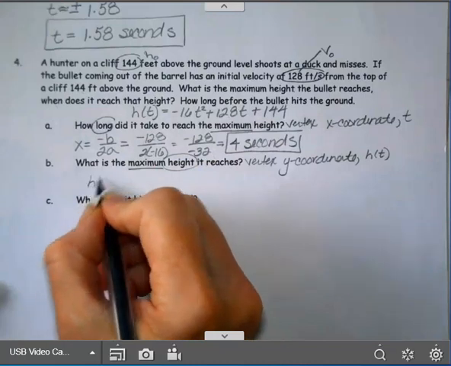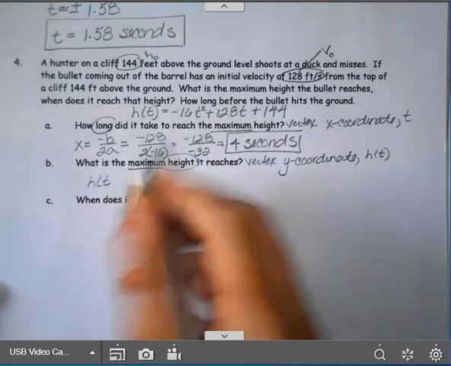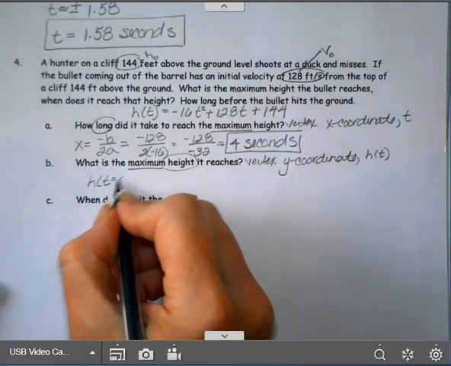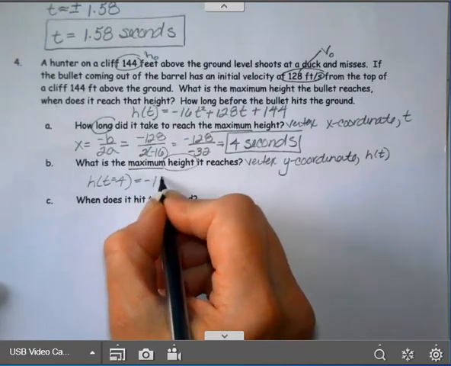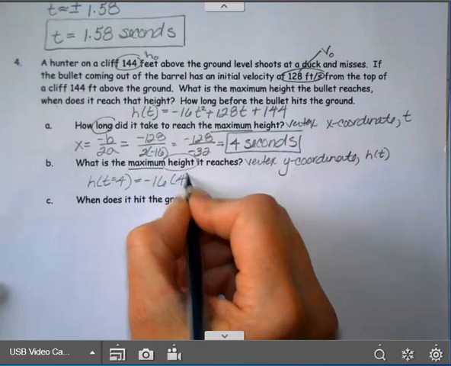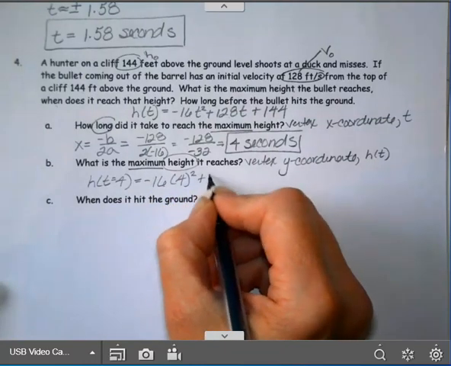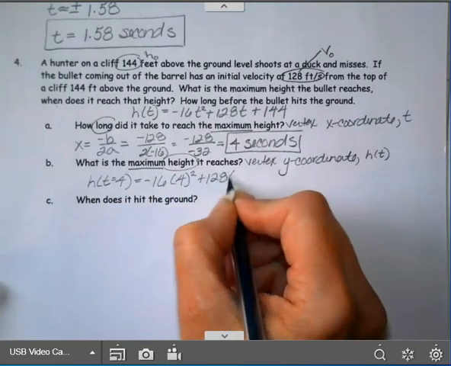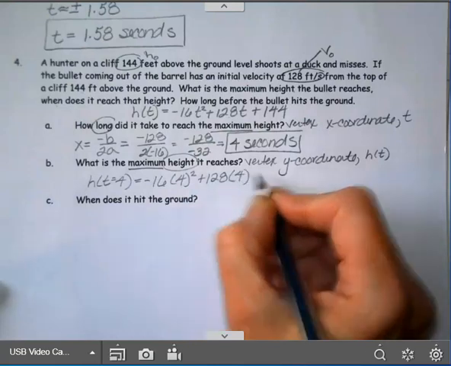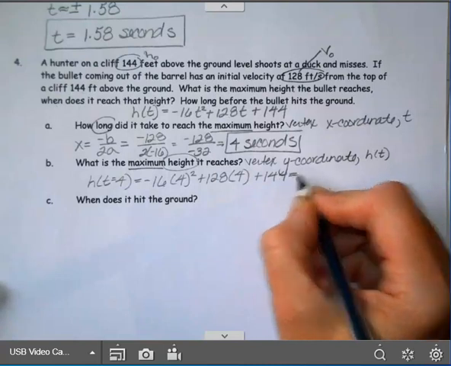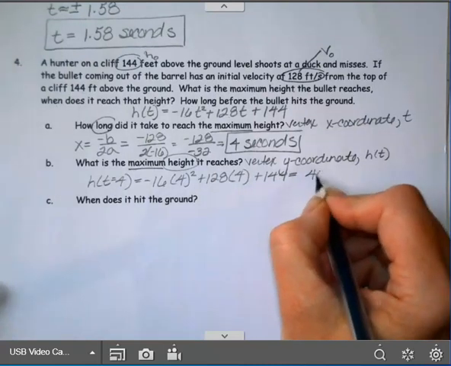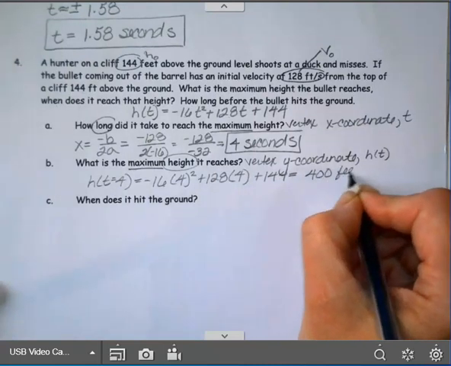So h of t, and this is t equals 4 we're plugging in, is negative 16 times 4 squared plus 128 times 4 plus 144. And that will give you 400, and this is in feet.